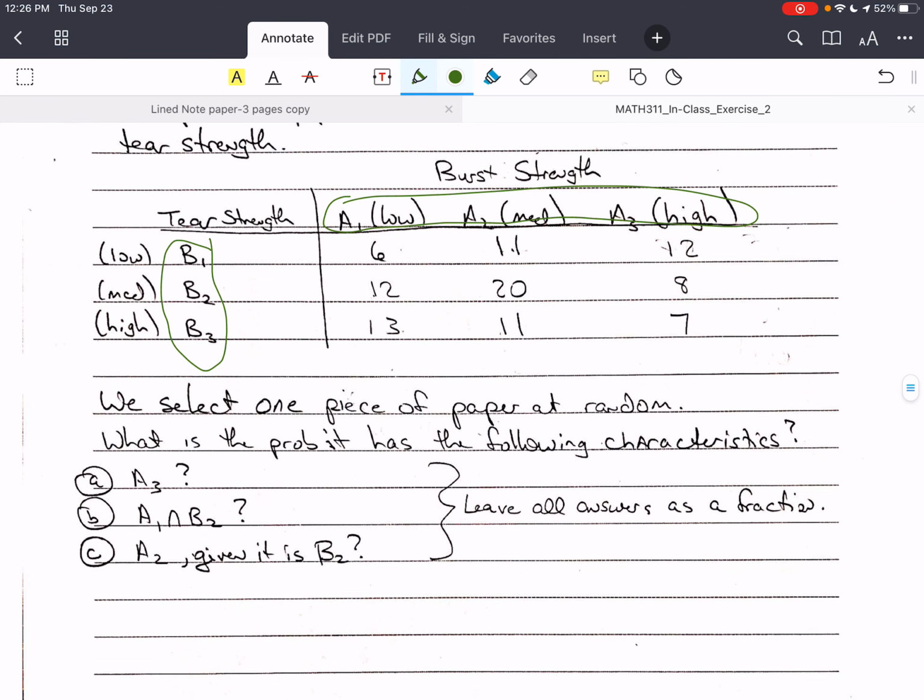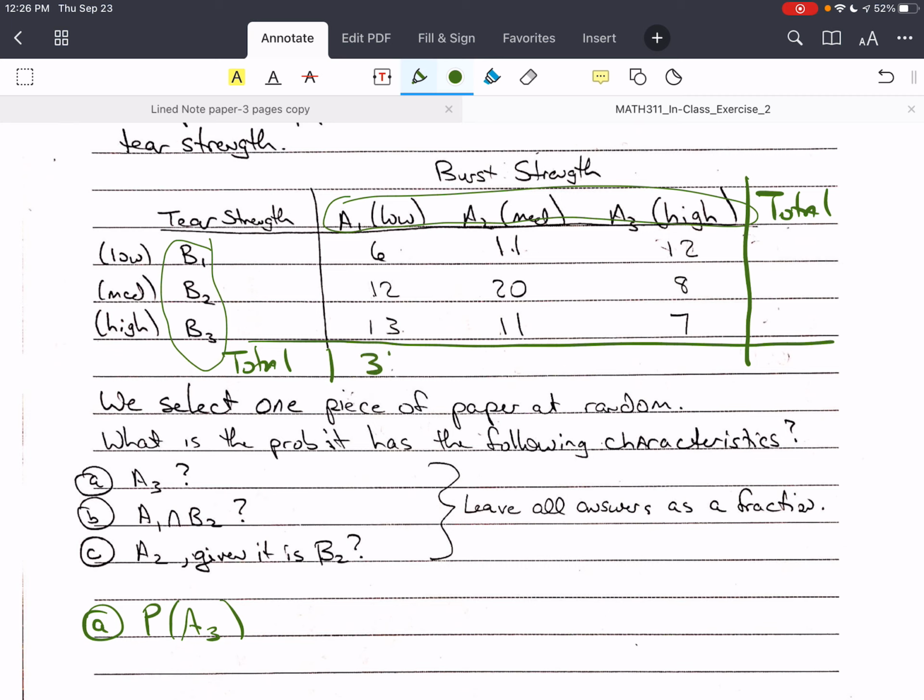So for A3, the probability of A3, we simply total these up, and we'll total everything. I'll put total here, I'll put total over here, and we will total up everything. And here we have 20 or 31. Here we have 42. Here we have 27.